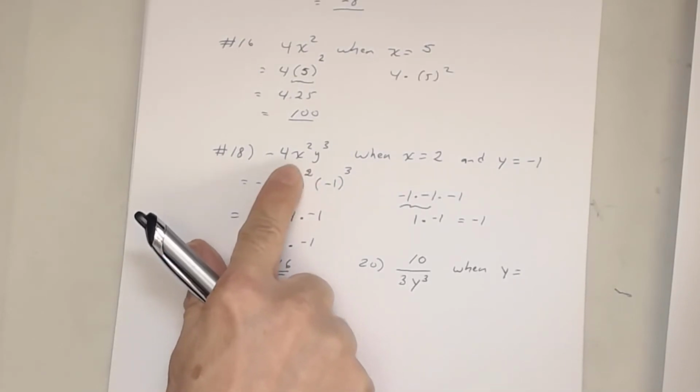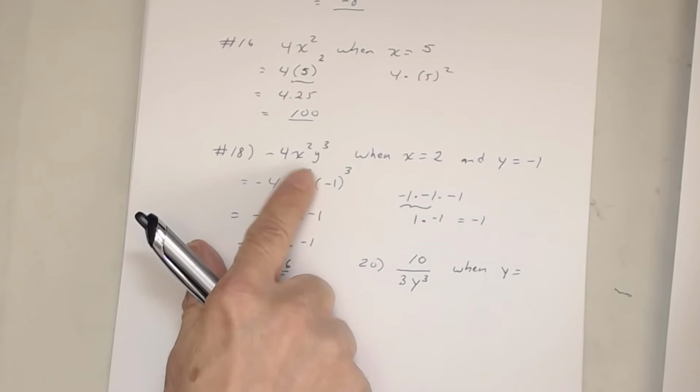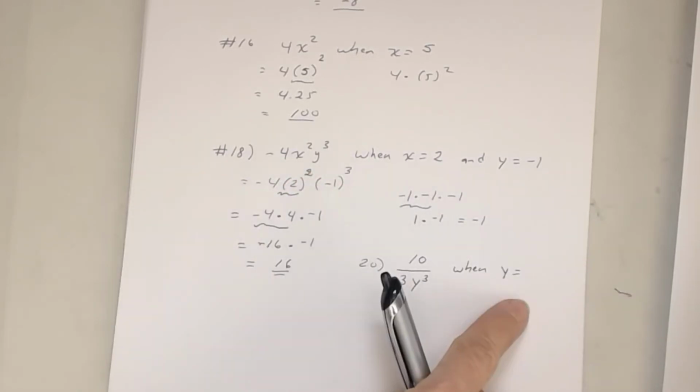It's read negative 4 x squared y cubed. That means negative 4 times x squared times y cubed. There's no subtraction between any of them. It's all multiplication. So the x and the y separation is the multiplication.